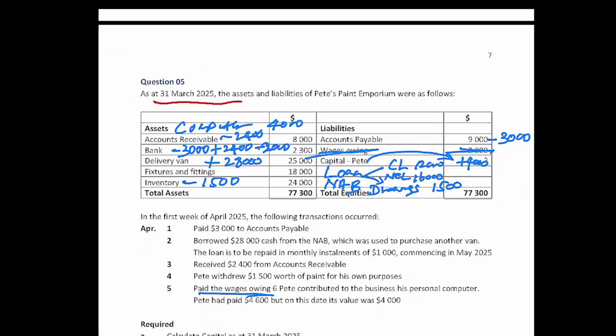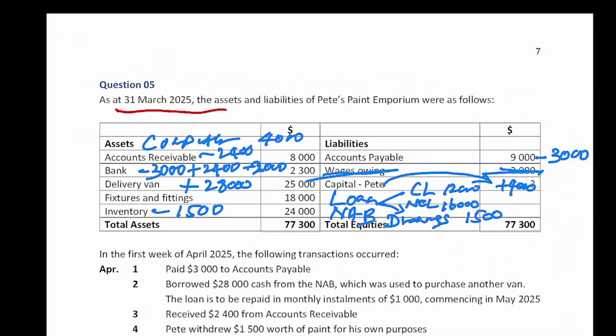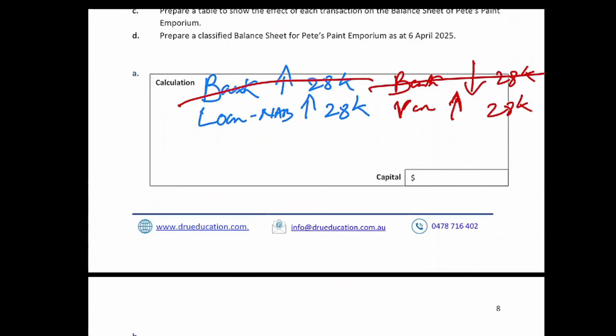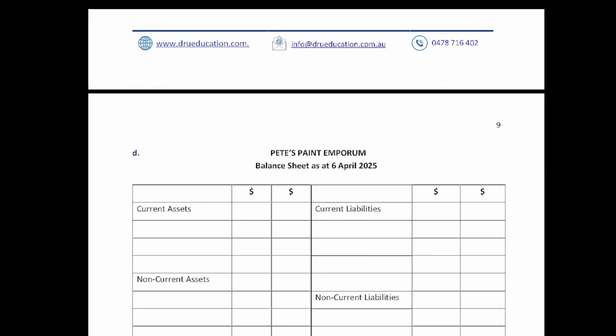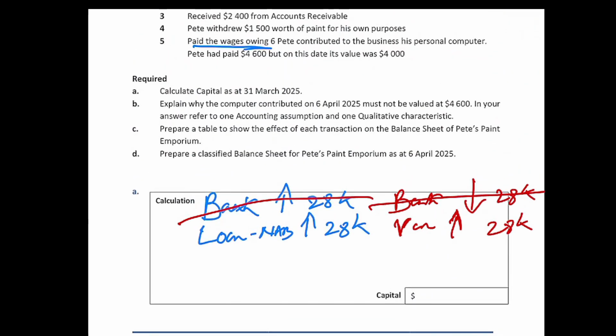Okay guys? Alright, shall we do the balance sheet then? Ready? Do you want us to do it together or do you want to try it? Shall we do together? Okay, this question we will do together.